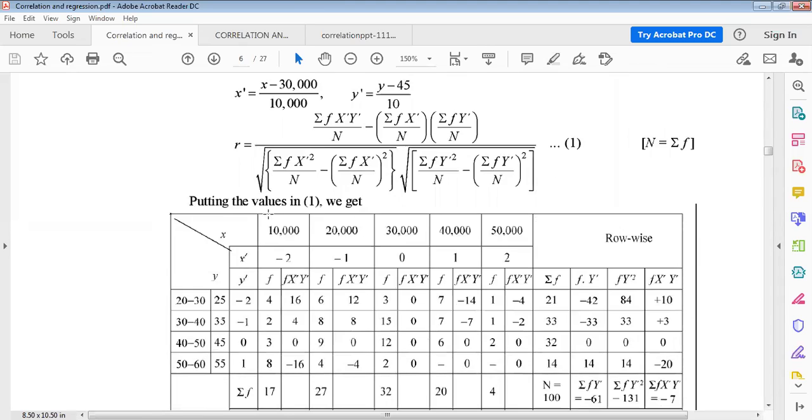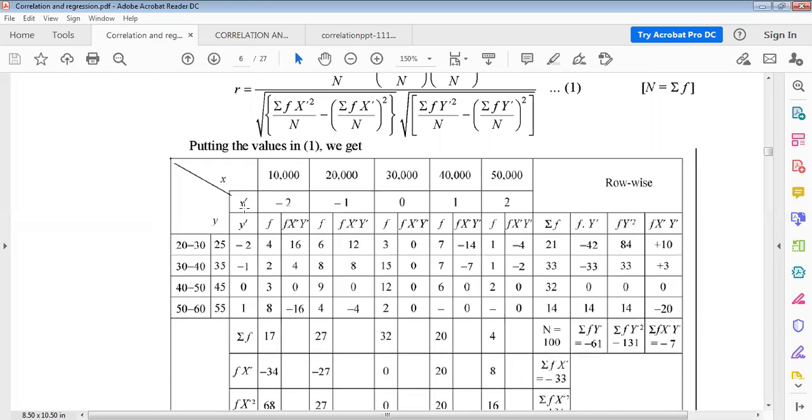Now putting the values, we get x dash as this. These are the 10,000, 20,000, 30,000, 40,000 and 50,000 columns, and these are the rows for ages 20 to 30, 30 to 40, 40 to 50, and 50 to 60.